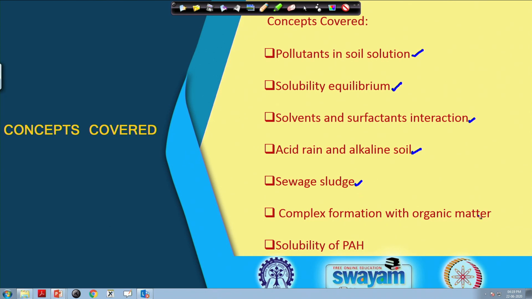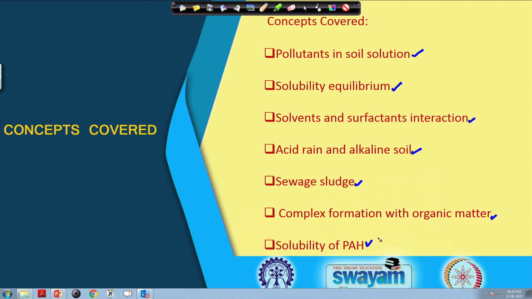And then we will be talking about complex formation with organic matter, specifically in terms of heavy metals, and we will be also talking about solubility of polycyclic aromatic hydrocarbons, which is considered as one of the major pollutant in soil. So, these are the several important concepts which are covered in this module, and we are going to discuss them one by one.